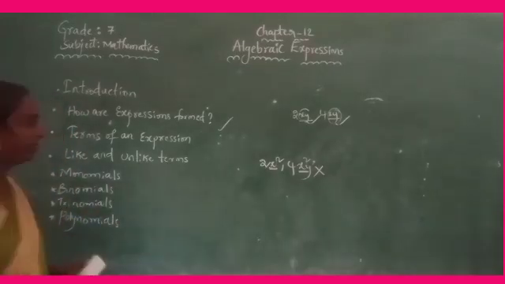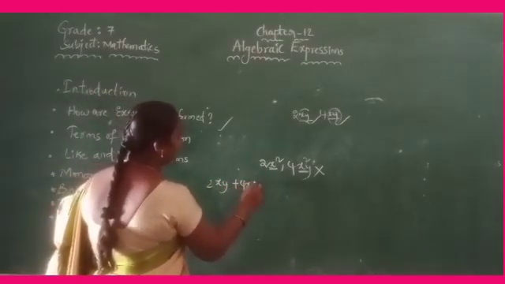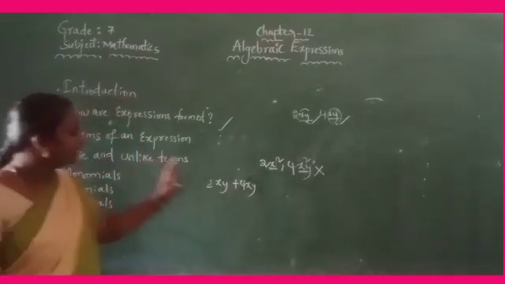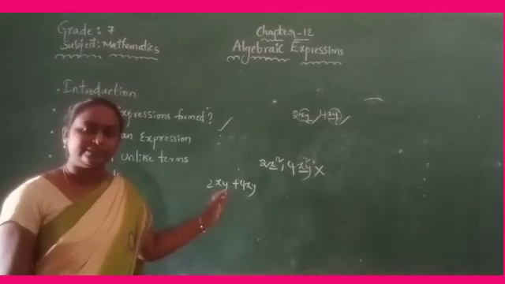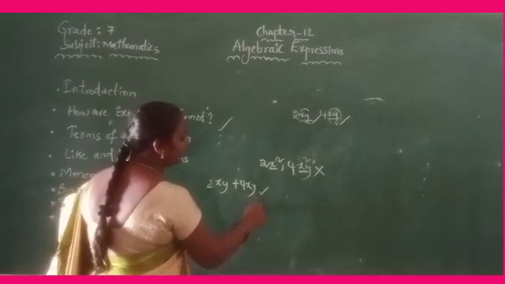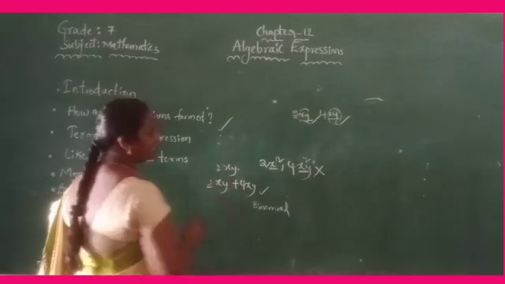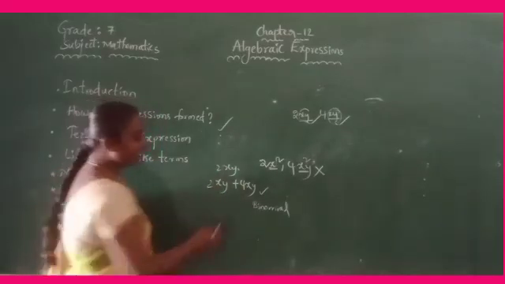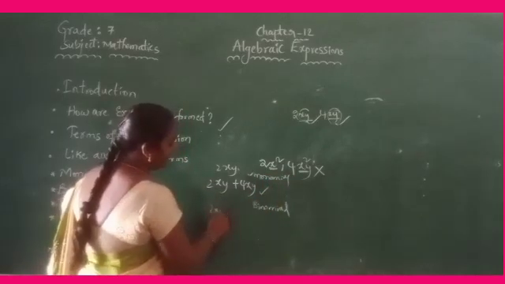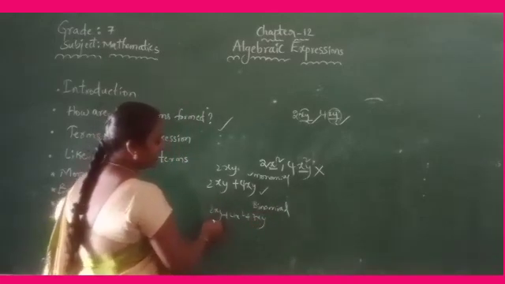What are monomials, binomials and so on? In the expression 2x plus 4xy, it is an algebraic expression. How many terms does it contain? Two terms. If an expression contains two terms, we can say that it is a binomial. If a single term is there, we can say that it is a monomial. If 2xy plus 4x square plus 3xy, how many terms does it have? Three terms.